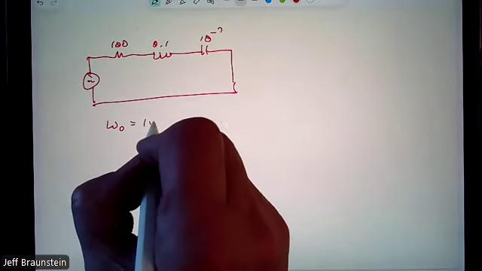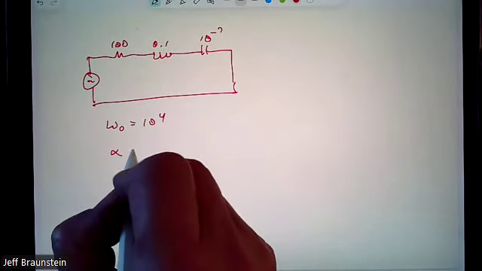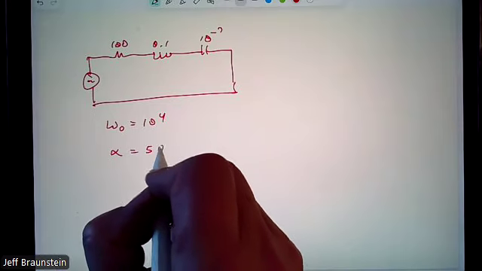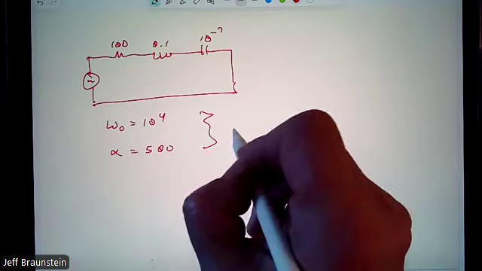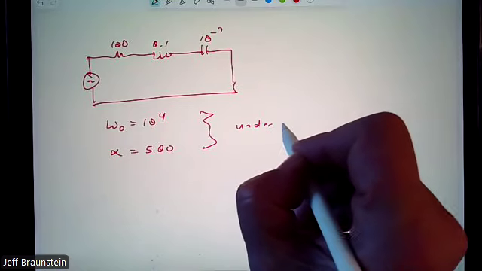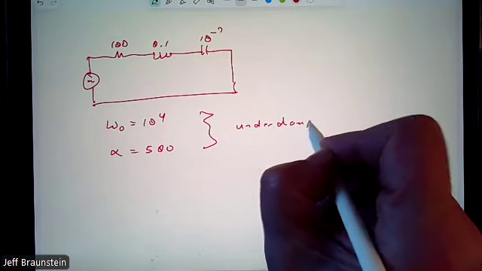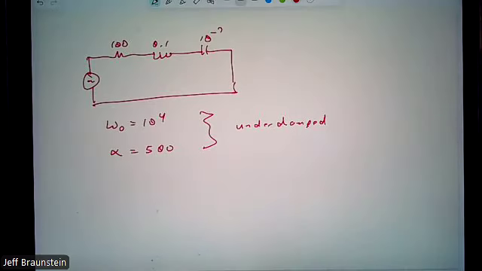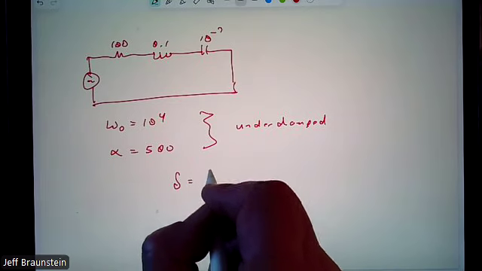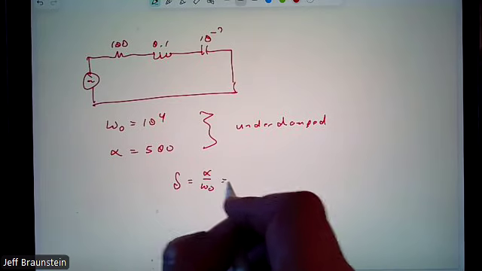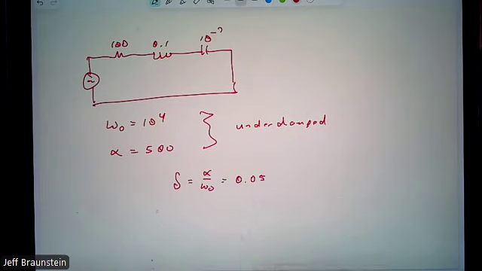Omega naught, still 10 to the 4. Alpha now 500. Significantly less. We are now underdamped. And we can look at our damping ratio, alpha over omega naught, 500 over 10 to the 4, 0.05.